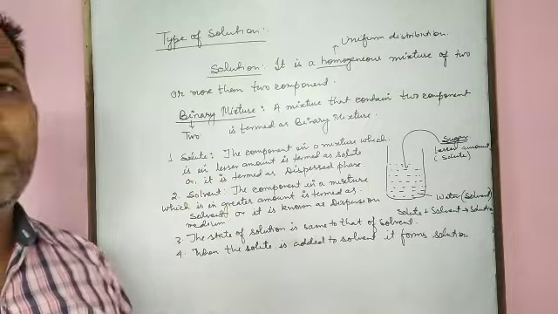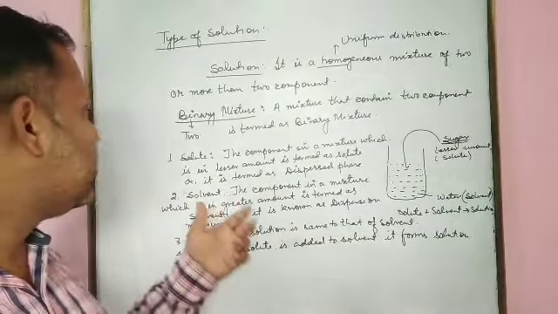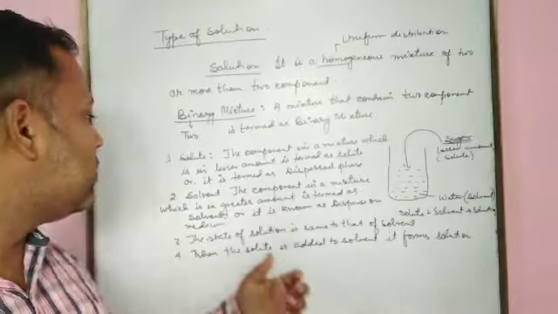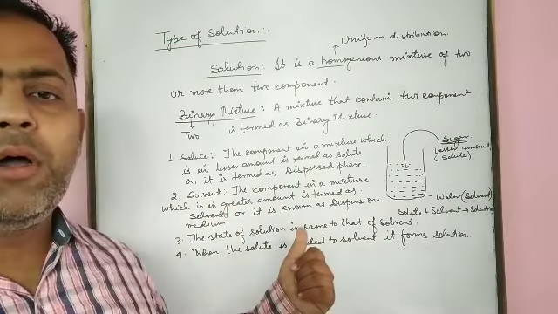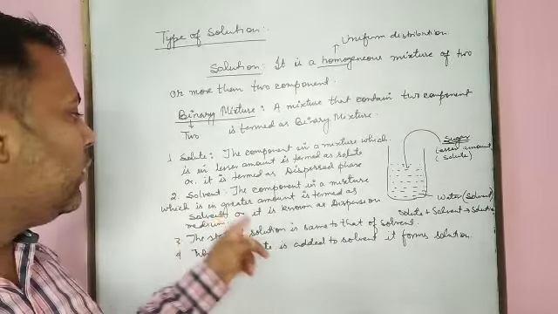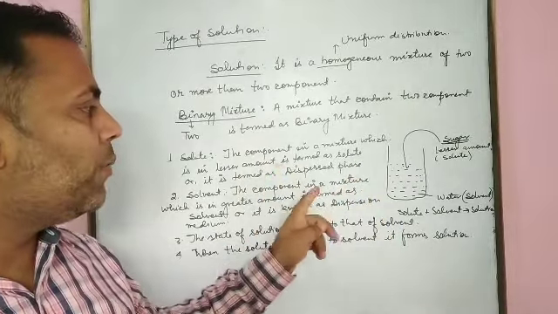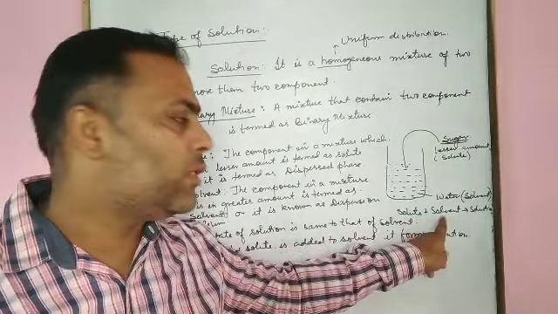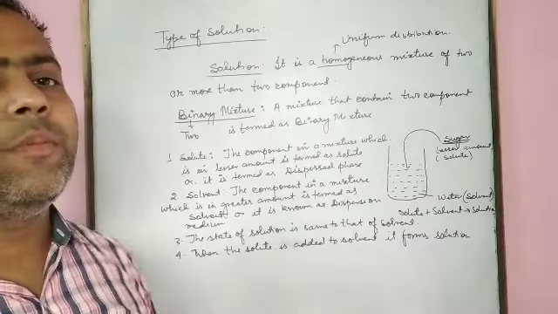The component in lesser amount is termed as solute. The component in higher amount is termed as solvent or dispersion medium. The state of the solution is the same as that of the solvent, the component in major amount. When solute is added to solvent, it forms solution.